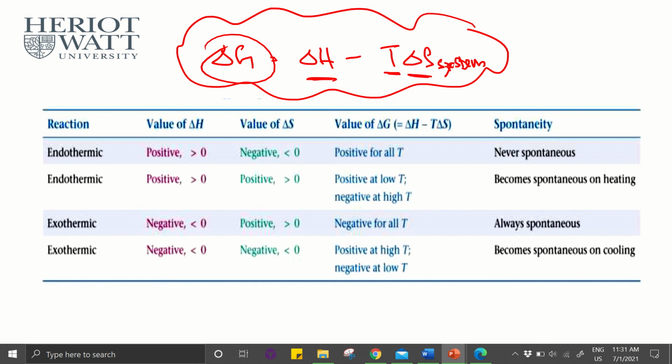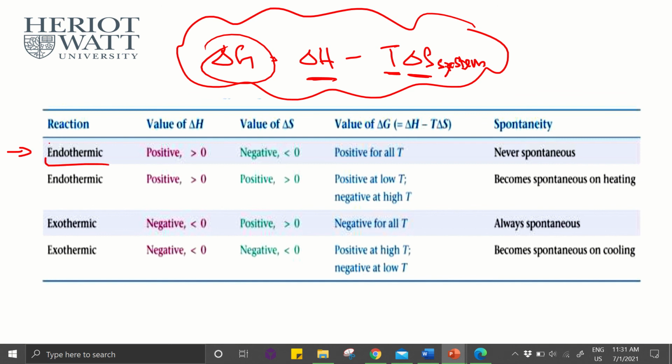Now this table summarizes that under certain conditions, we can be sure that the Gibbs free energy is always negative or always positive. So this table is for us to make quick deductions on whether the Gibbs free energy is positive or negative without doing the calculations. Look at the first example here.